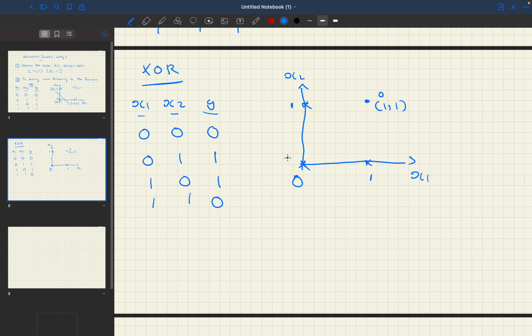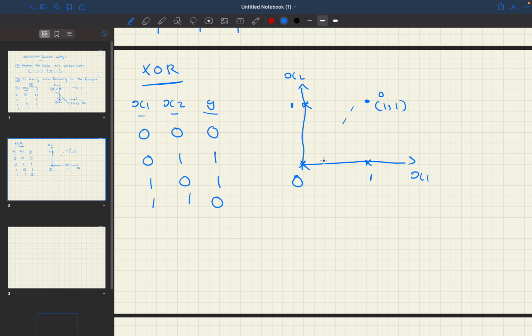So here we can see that it is very hard to separate this XOR function using a single line. For example, in the OR, we were able to separate it using a single line, but here it is very hard. We can't do it like this, or like this.